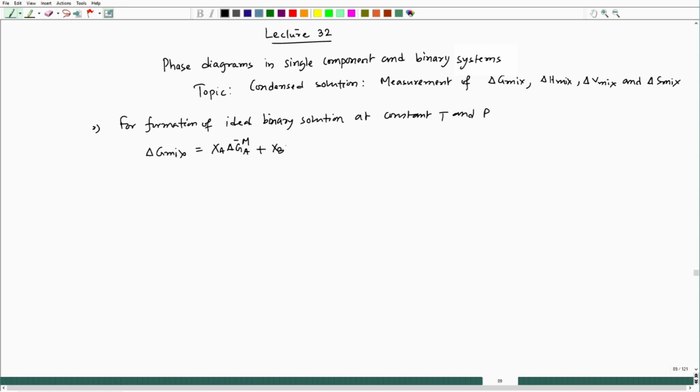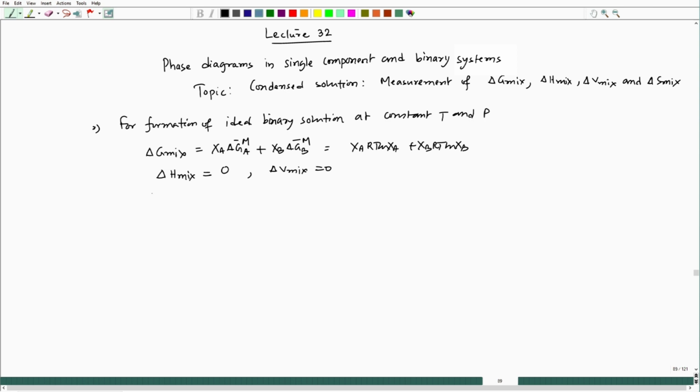So it turns out to be XA RT ln XA plus XB RT ln XB. And we found del H mix equal to 0 as well as del V mix equal to 0.